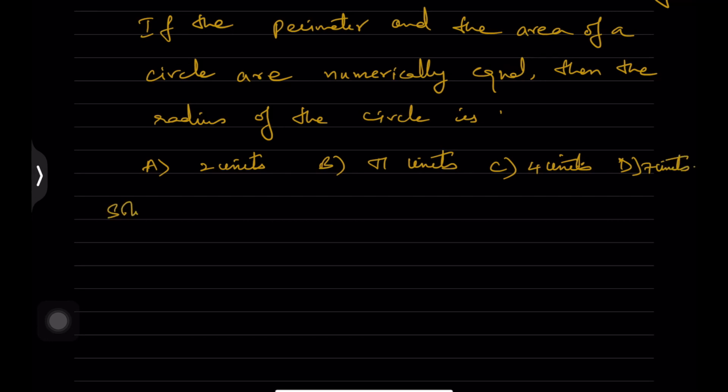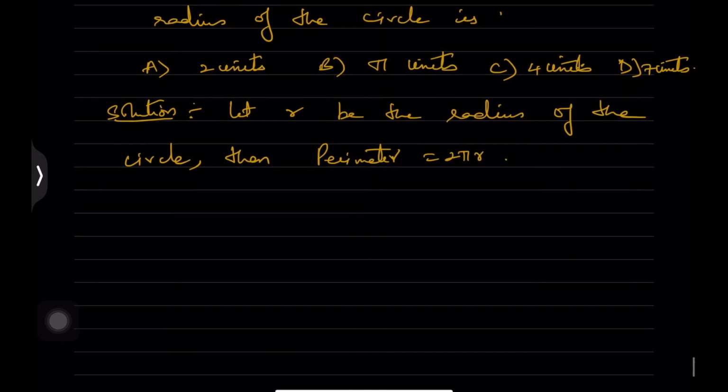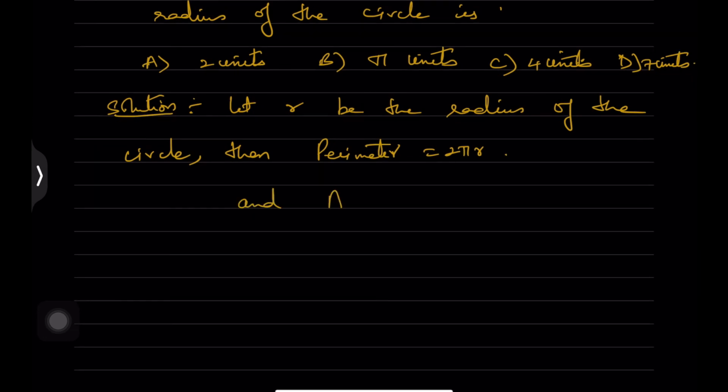So solution for this. Let r be the radius of the circle, then perimeter is equal to 2 pi r and area is equal to pi r square.